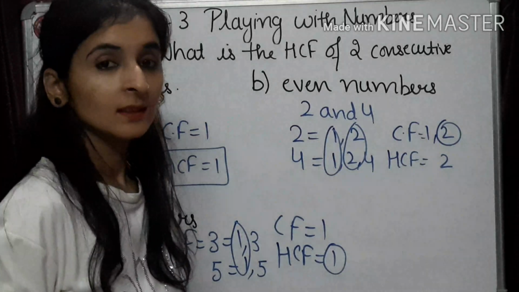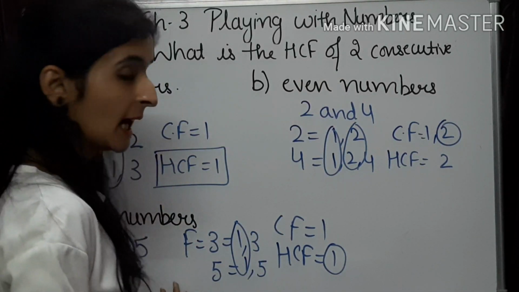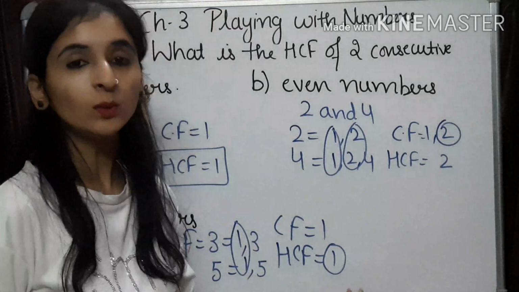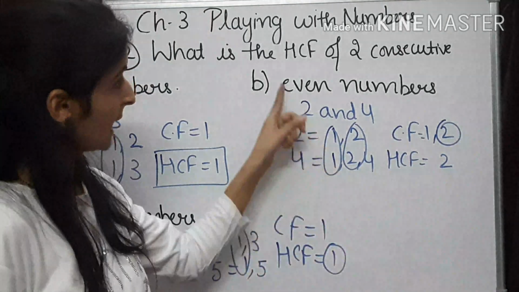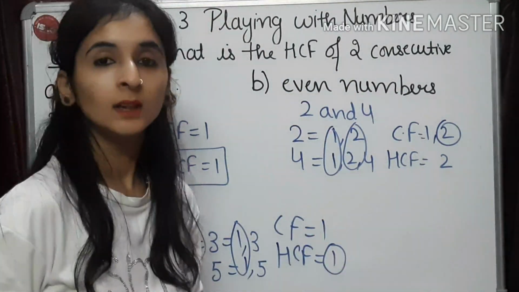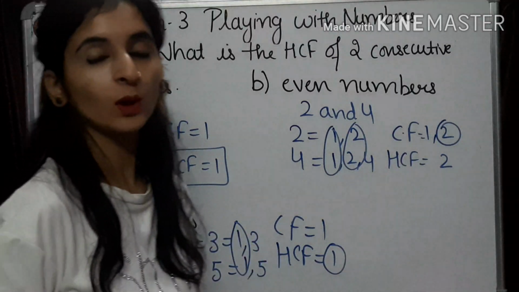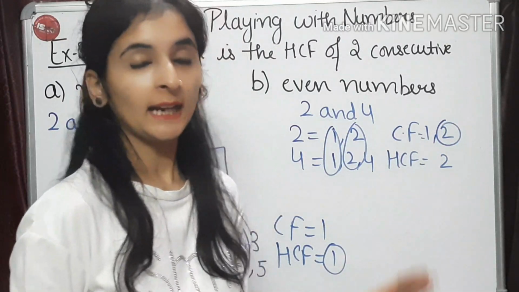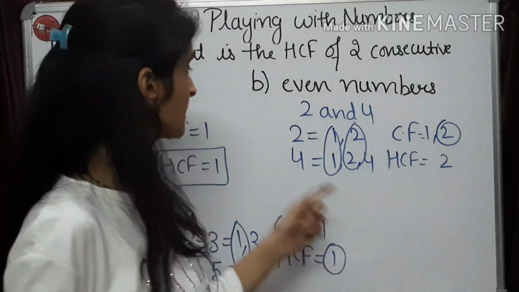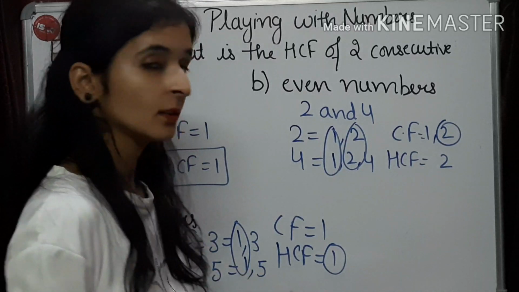So it means the HCF of two consecutive odd numbers will be equal to 1. And the HCF of two consecutive even numbers will be equal to 2. Right? So that is how we have to solve this question. And you can take any of the examples in consecutive numbers, even numbers and odd numbers.